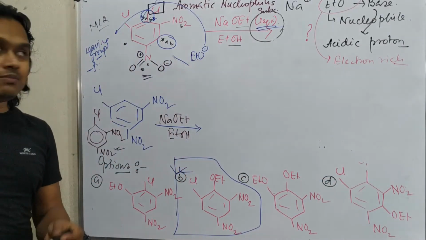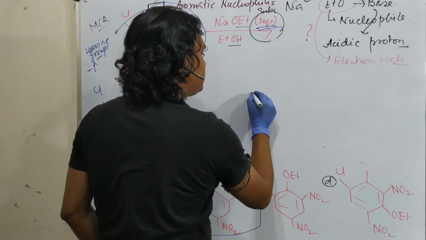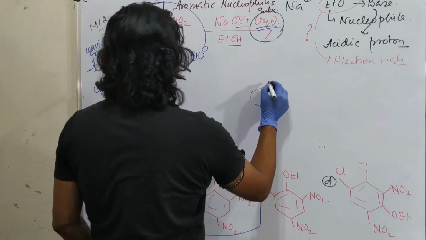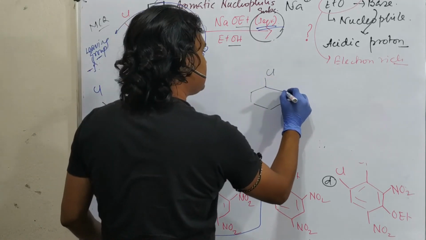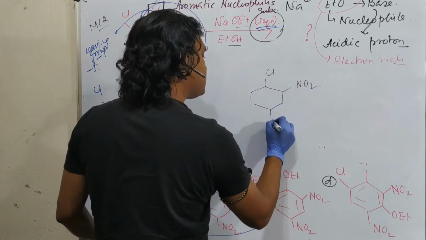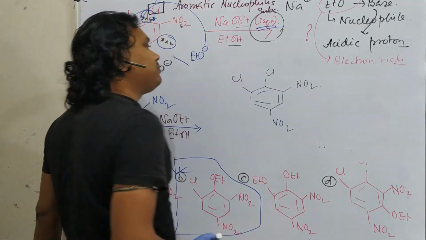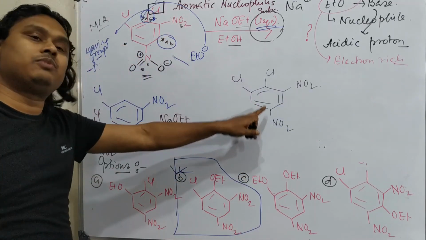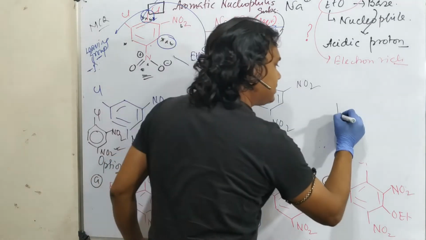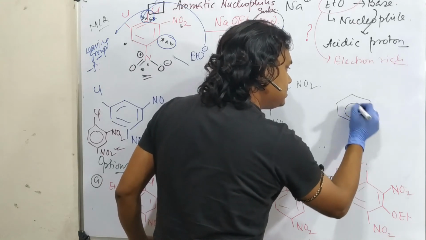See, when I am considering this molecule, just let me draw it here. Cl. When I am drawing this, actually this is what I am drawing, but the actual thing is not like that. The actual thing is this.